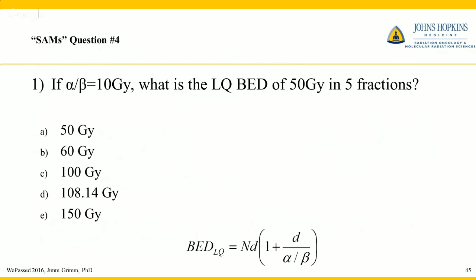So here's our fourth question. If alpha beta is 10 gray, what is the linear quadratic biologic effective dose of 50 gray in 5 fractions? Is it A, 50 gray, B, 60 gray, C, 100 gray, D, 108.14 gray, or E, 150 gray?